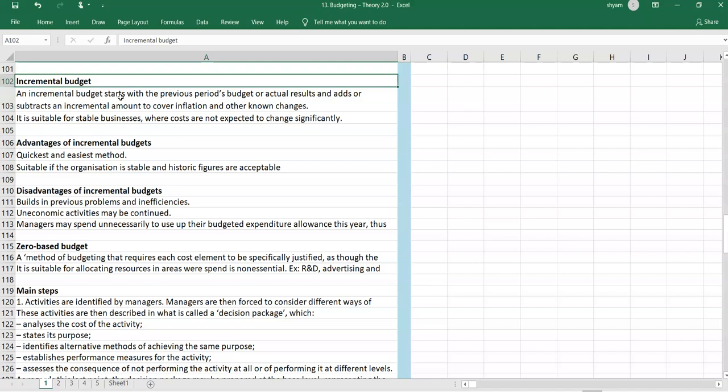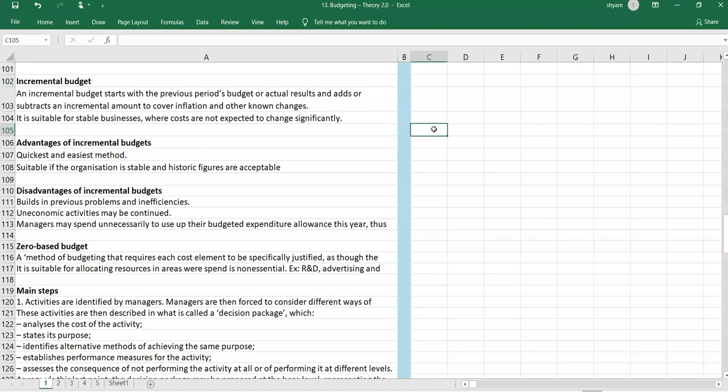So an incremental budget starts with the previous period's budget or actual results and adds or subtracts an incremental amount to cover inflation and other known changes. It is suitable for stable businesses where costs are not expected to change significantly. So incremental budgets are useful for companies which are very stable in nature. If they are stable in nature, then we can apply this incremental budget.